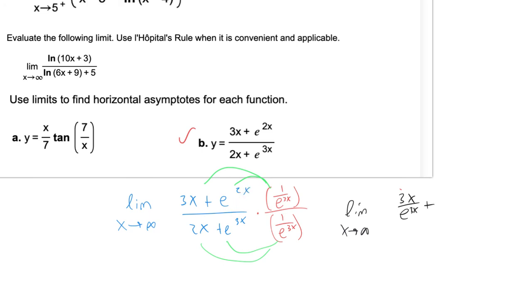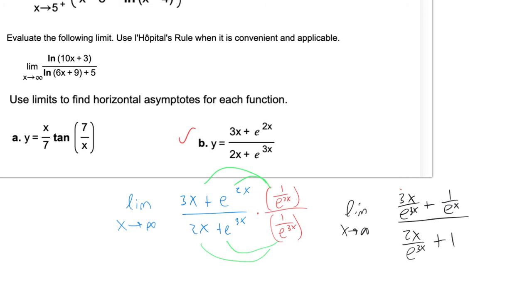E to the 2x over e to the 3x, that's going to be 1 over e to the x. So for my students watching, maybe just confirm that on your own. This times that is going to result in that. We would have 2x all over e to the 3x here, and then we would have plus 1.